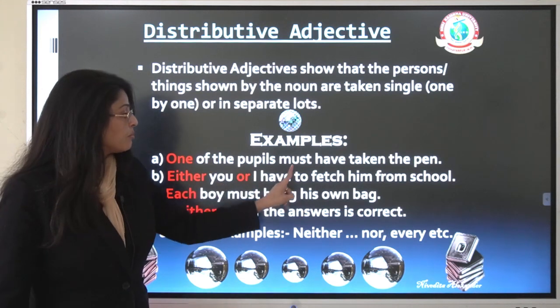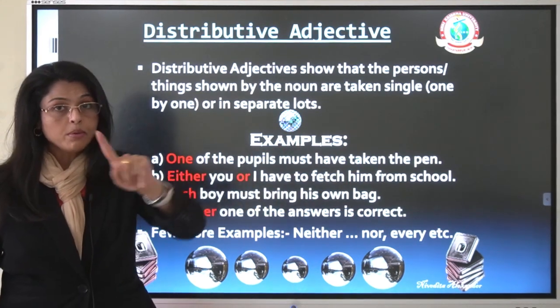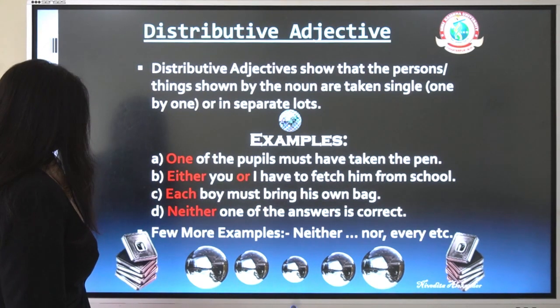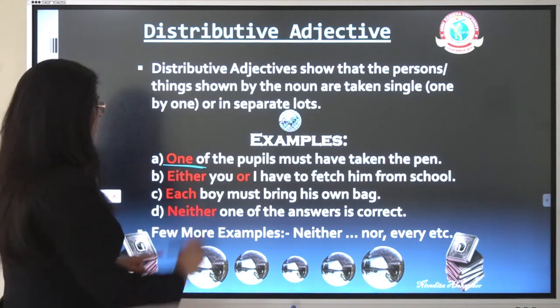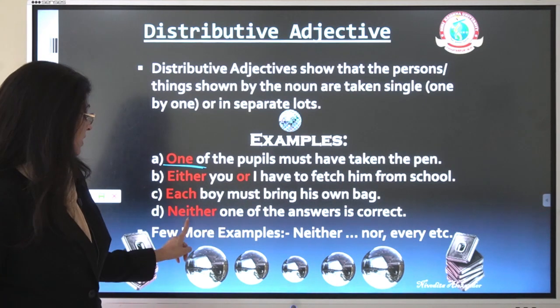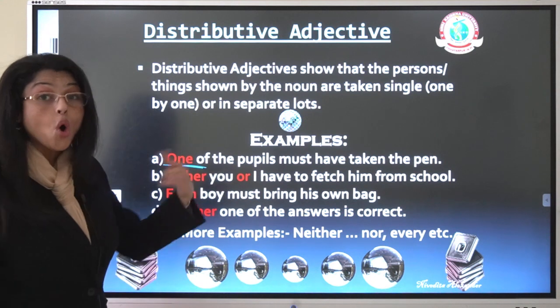One of the pupils must have taken the pen. In the mob, someone must have taken the pen. So this one becomes a distributive adjective. Either, or, neither, nor, each, other, every, all.